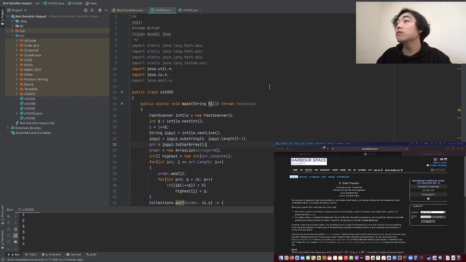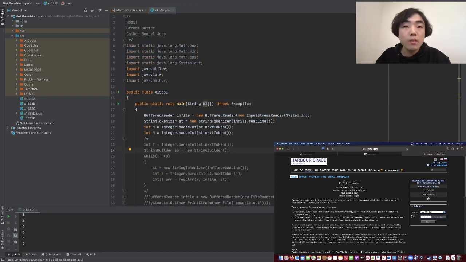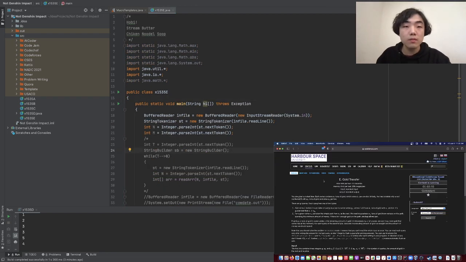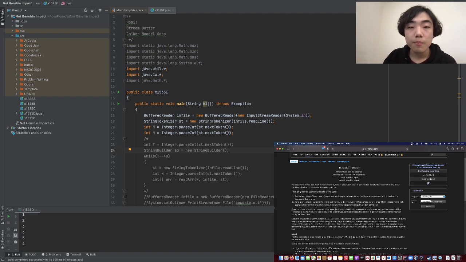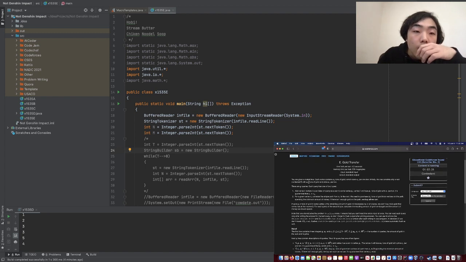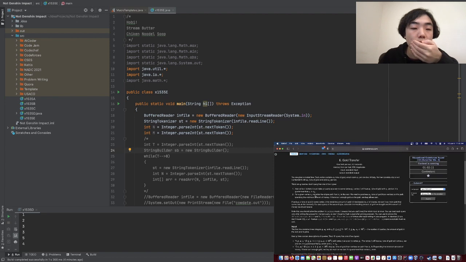Problem E. Gold transfer. You're given a rooted tree. Each vertex contains this much gold, which costs CI per 1 ton. Initially, the tree consists only of a root numbered this to this. Oh, okay. So initially, the tree is just one node with this many tons of gold, and this is the price per ton.